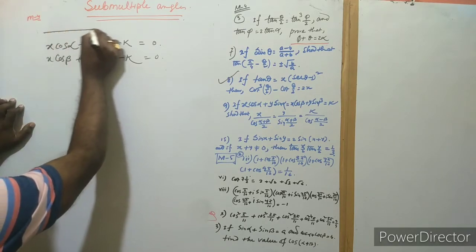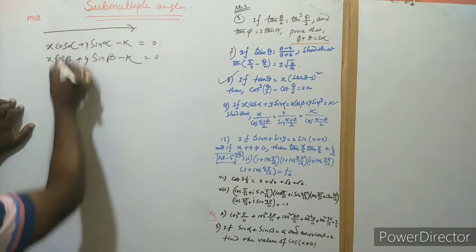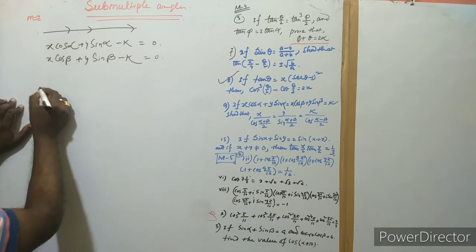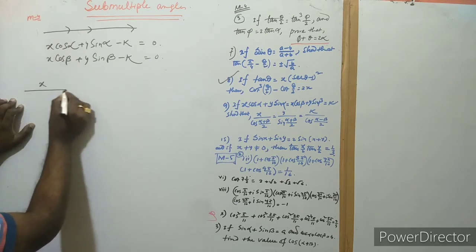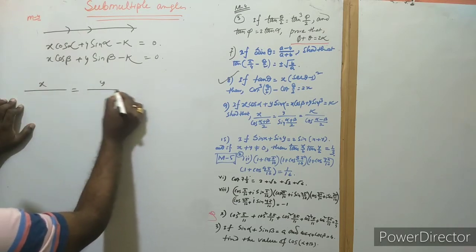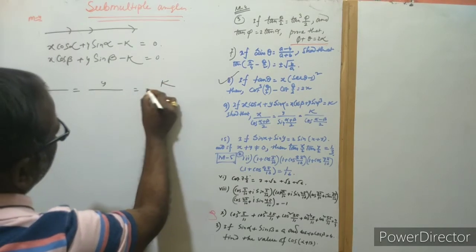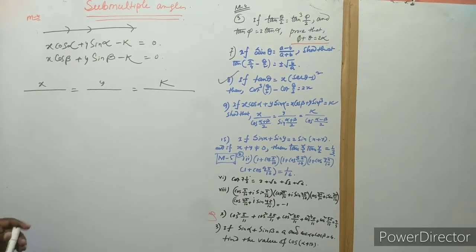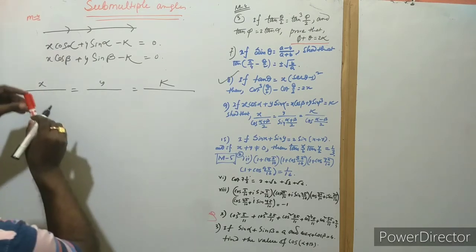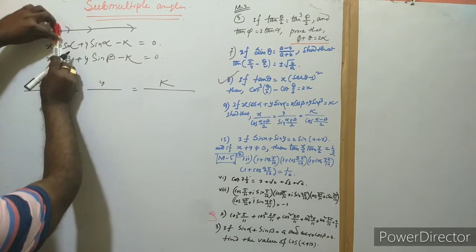So see the solution pattern. This is direction as arrow like that, okay, and we apply the cross multiplication method. This is x by, and this is y by, and this is k by. When you take x by, then let us assume a is absent here.